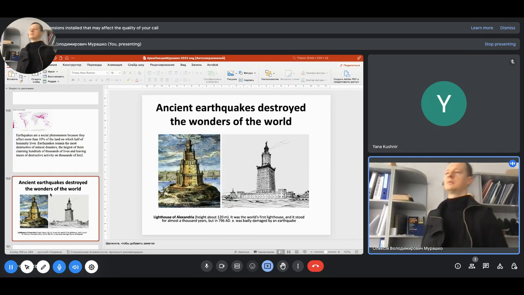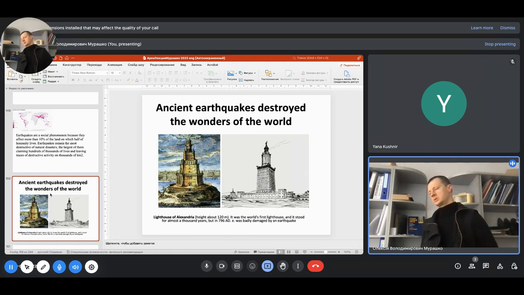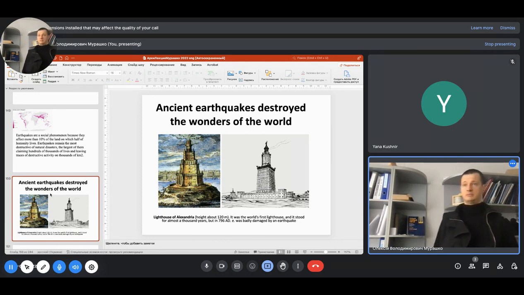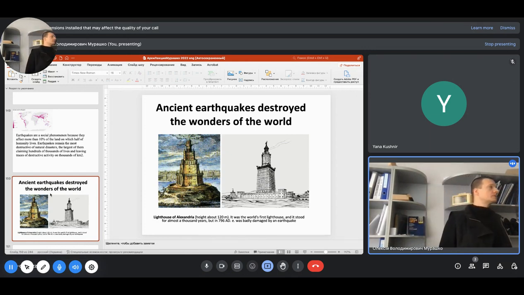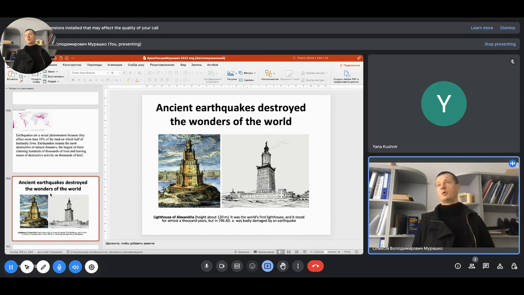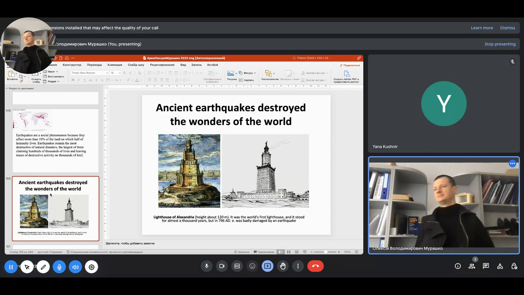Also, we have to know that historically earthquakes were near us. Analysis of the world's seven wonders gives us an ability to understand how dangerous earthquakes were for our ancestors.